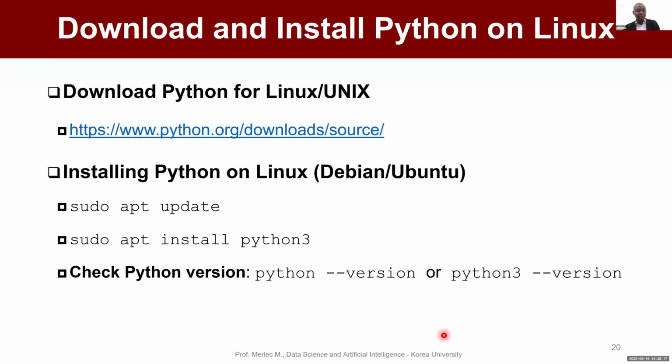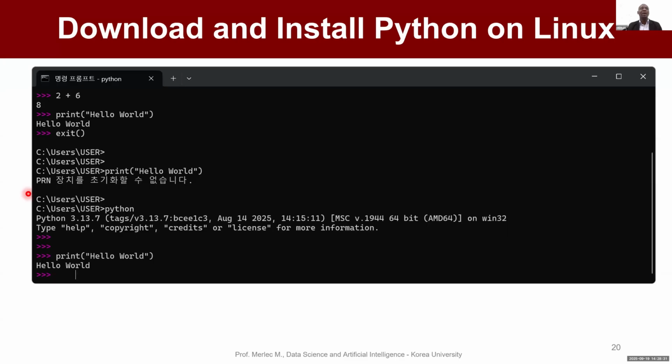So I will show you how to run a Python script. Okay, you have a Python program. Instead of running it on the shell, that will be difficult for you to use.